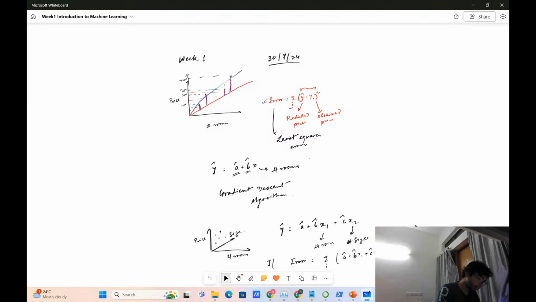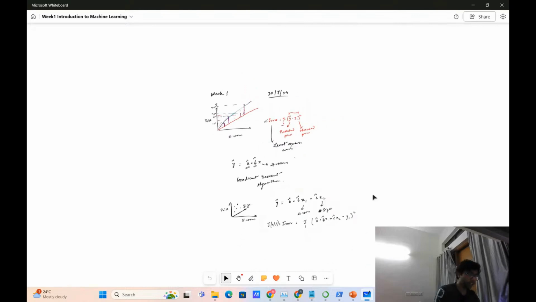This is some J of a, b, and c, the error function J. So can anyone tell me how do you minimize a function? Right, exactly. So what we'll do is we'll do differentiation of this function.